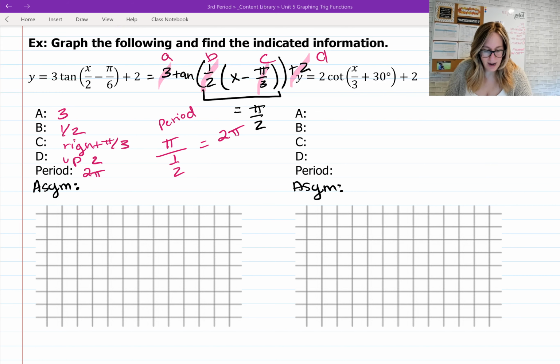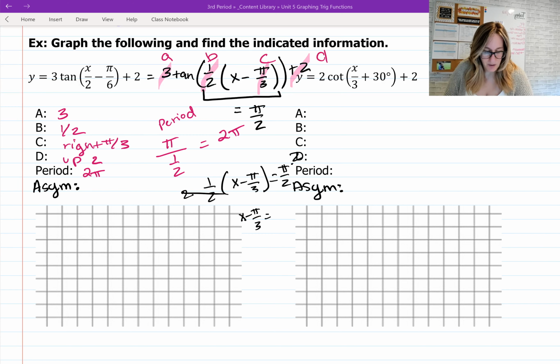So we have 1/2 x minus pi over 3 equals pi over 2. And we're just going to solve for x. So I'm going to multiply both sides by 2. That's going to go away. So that leaves me with x minus pi over 3 equals pi over 2 times 2, which is just pi.